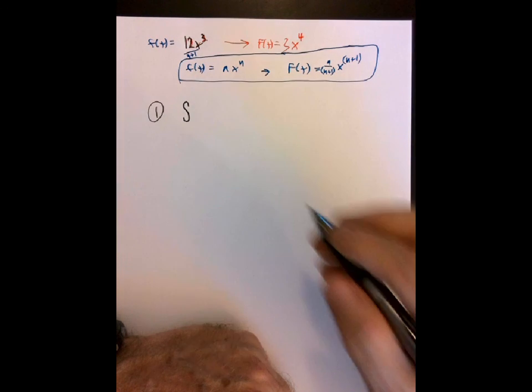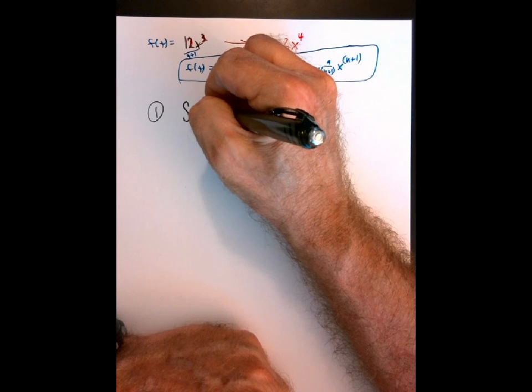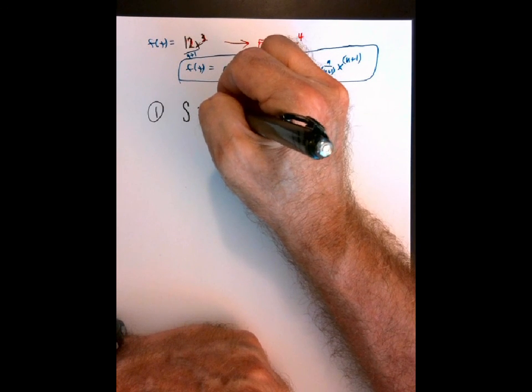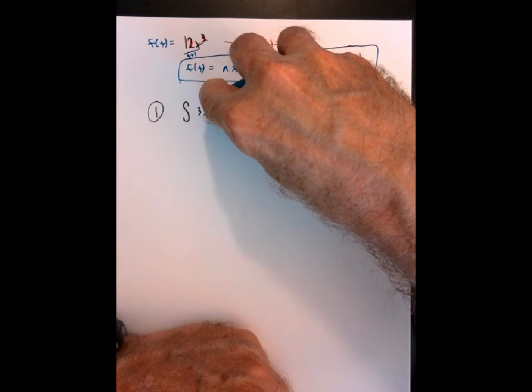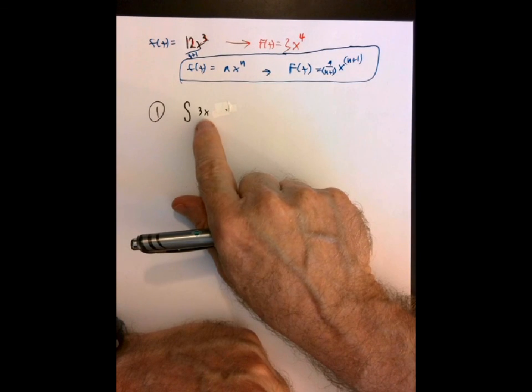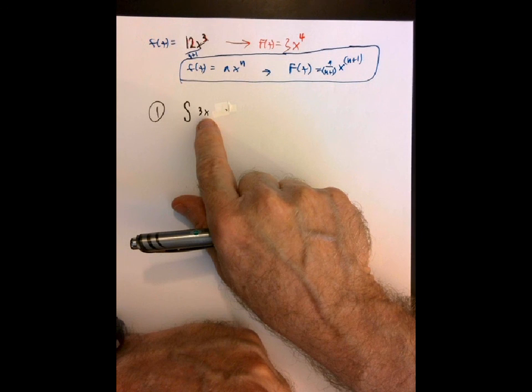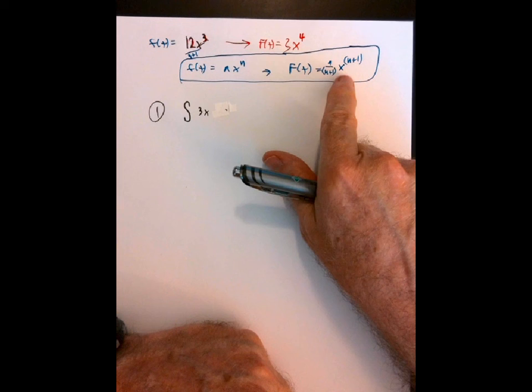So let's say we had something like 3 times x. I'm going to put 3 times x just like that, right? So we want to find the function that if we take the derivative of it, our answer would be 3x. Well, okay, we're going to appeal to this formula here.